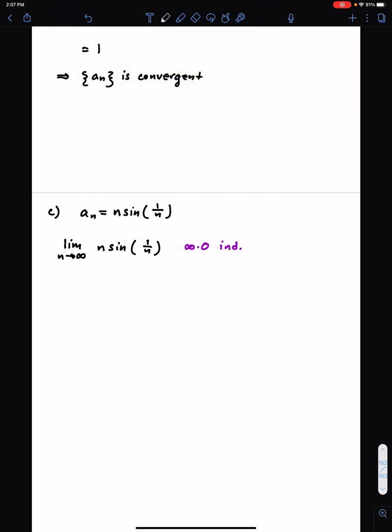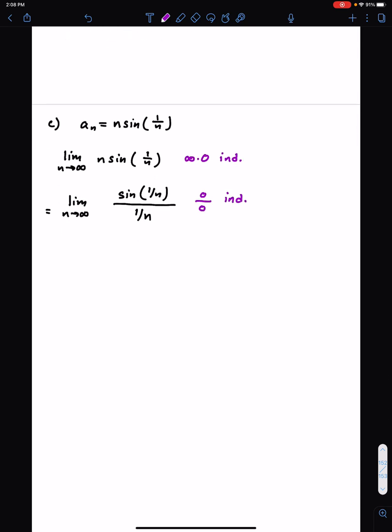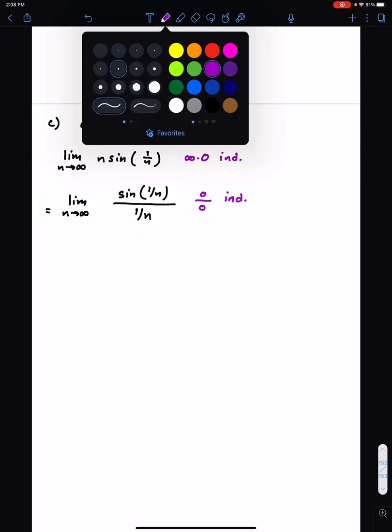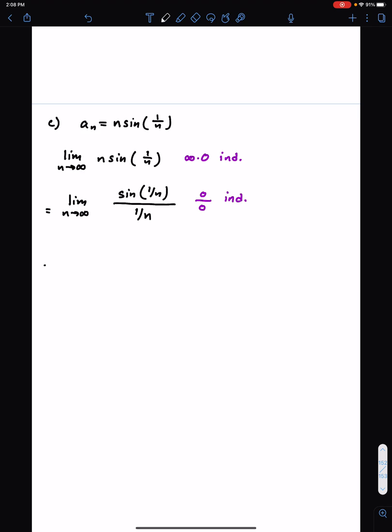So I'm going to turn this into a complex fraction. So limit as n approaches infinity of sine of 1 over n divided by 1 over n. Now if I take a limit, the numerator is 0, the denominator is 0, which is still an indeterminate form, but I can use L'Hopital's rule.